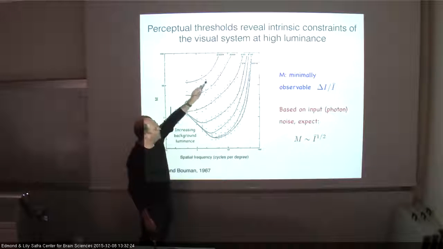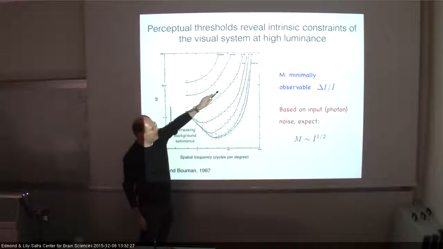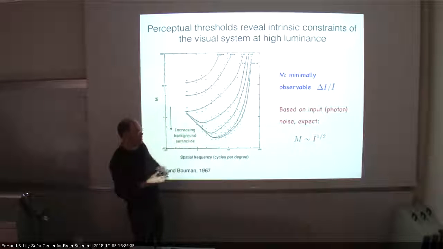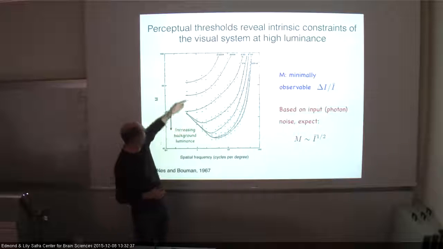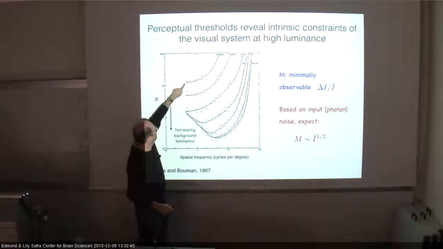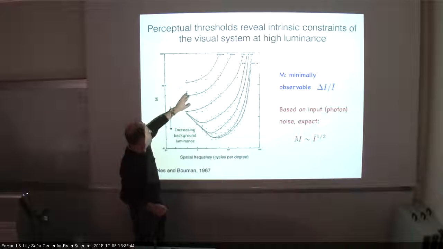We take a factor of 100 in the ambient light intensity in I bar, and then the amplitude of a grating that we can observe increases by a factor of the relative amplitude.